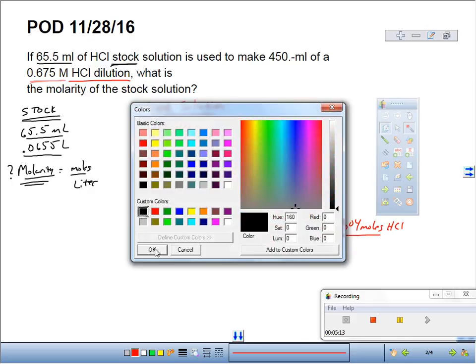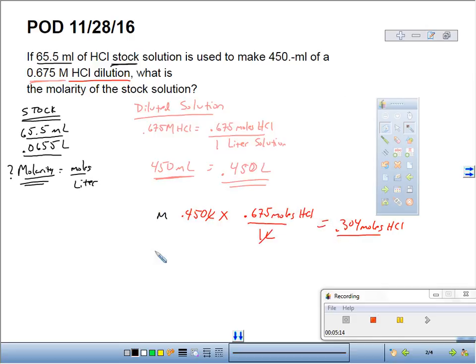They put that in a beaker, and then what they did is they added enough water to get up to 450 milliliters, to make my 0.675 molarity dilute solution.